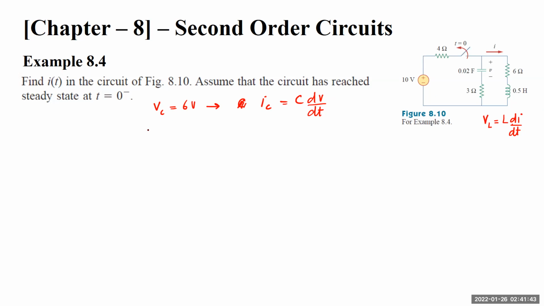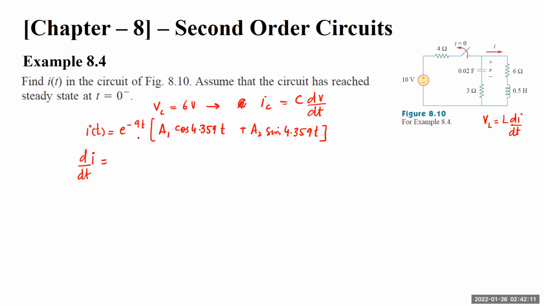Since we have I of t, which is e raised to power minus 9t times A1 cos of 4.359t plus A2 sine of 4.359t, to find d by dt of I we simply differentiate it.